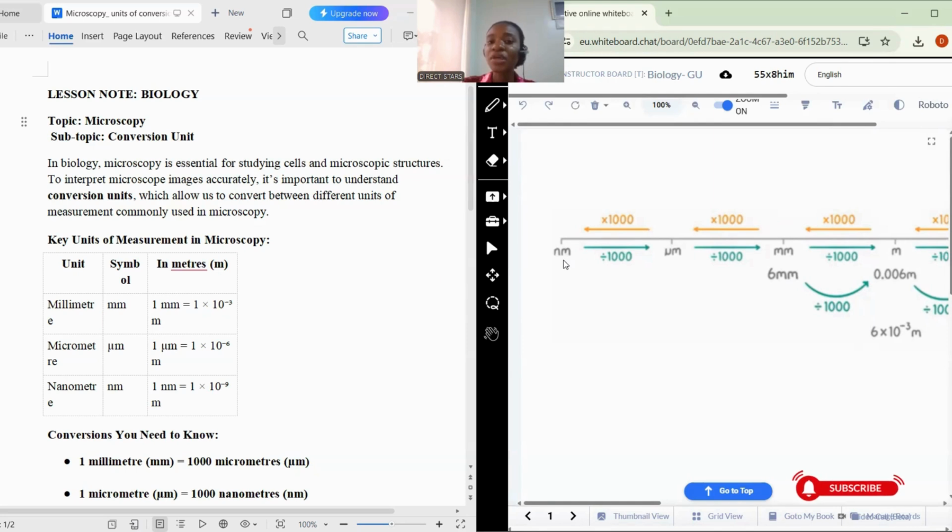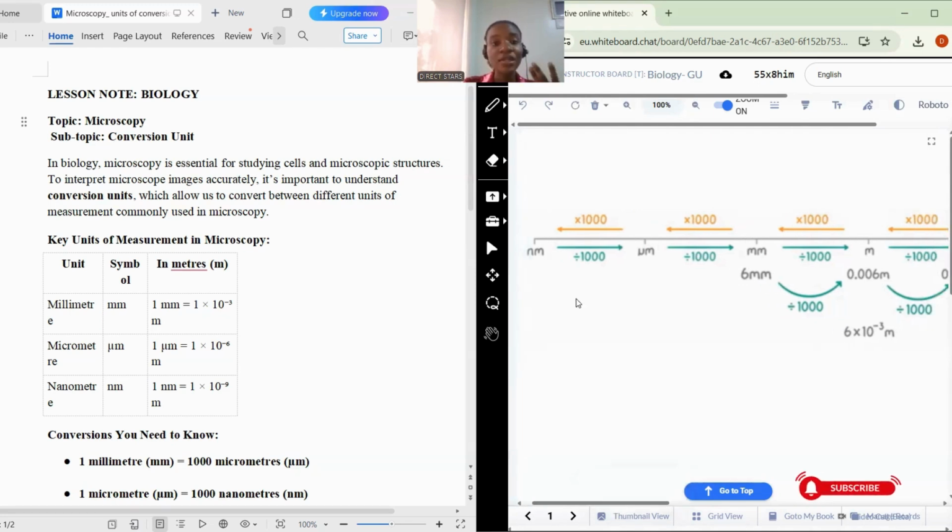So how then are we able to convert an image measured in nanometer to the micrometer or the millimeter or even the meter? That is what I'm going to be explaining to you in this topic today.